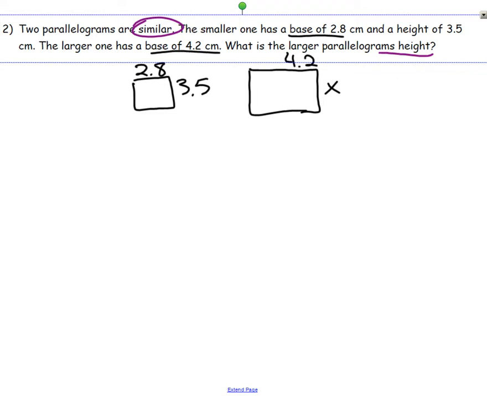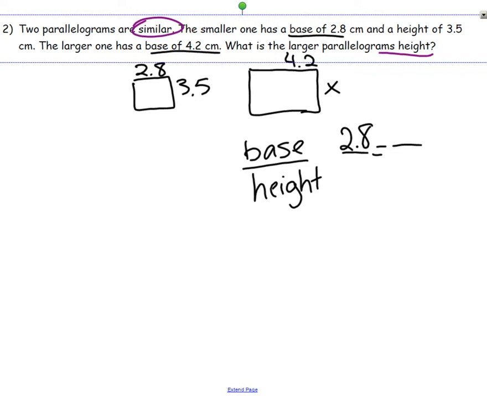Okay? So we can compare, we can say base to height. Change this up a little bit. So what's the base of one shape? 2.8. What's the height of that same shape? 3.5.